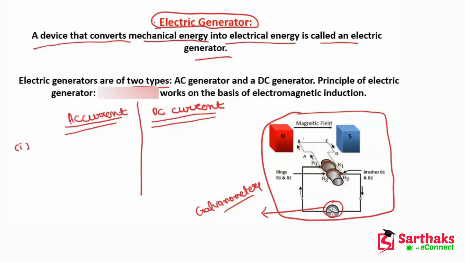AC current is a current which alternates its direction after a fixed interval. In an AC generator the current produced is AC. If I make a graph of AC current, it will be like this.